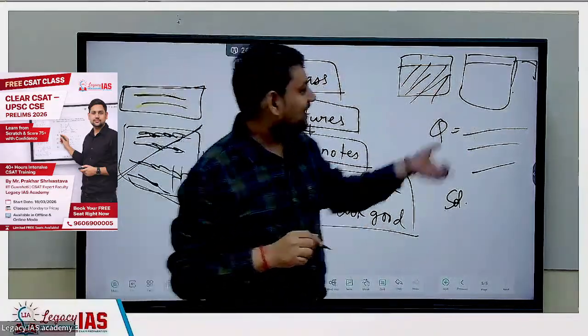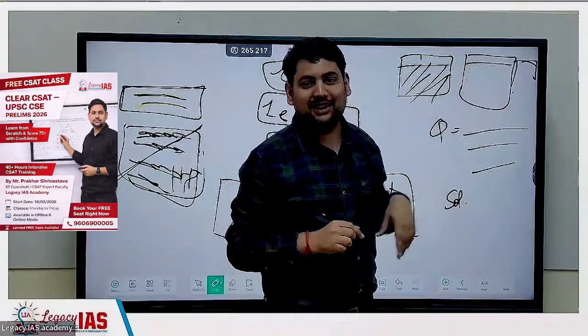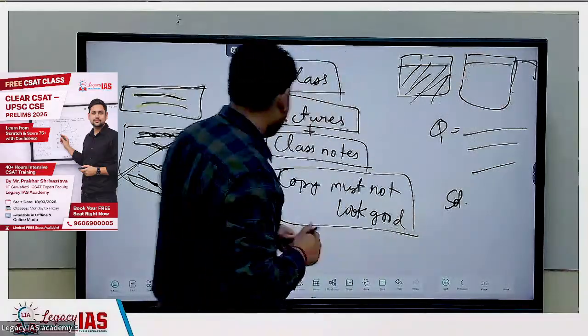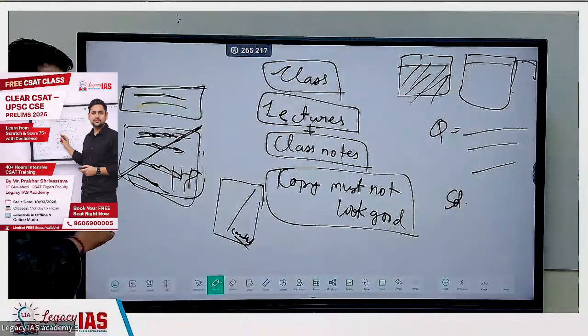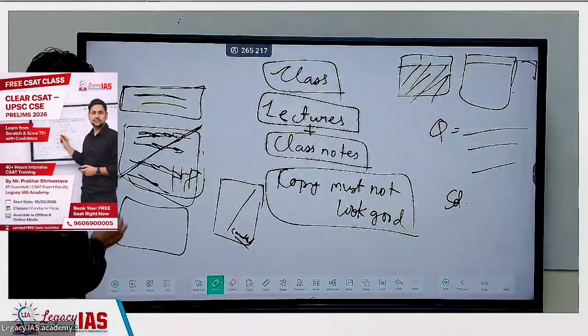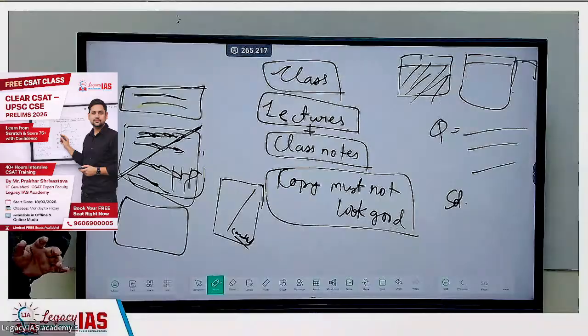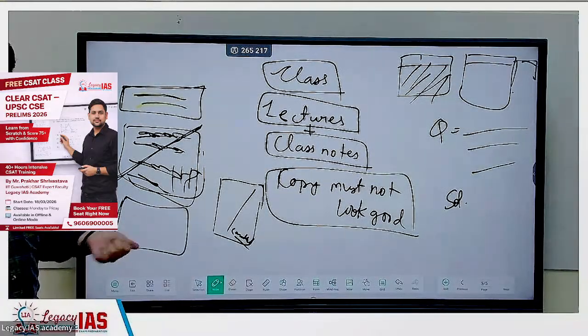Because now they have to somehow manage in this much space. Don't do all this. In your copy also, just make a small cut and then write the solution, whatever I am telling you. Understood? Please try to attempt in class. Your copy shouldn't be very beautiful.